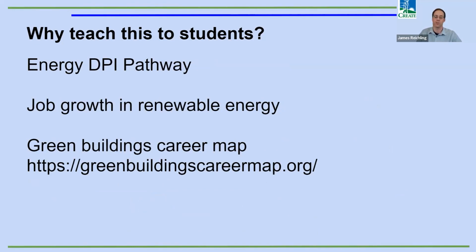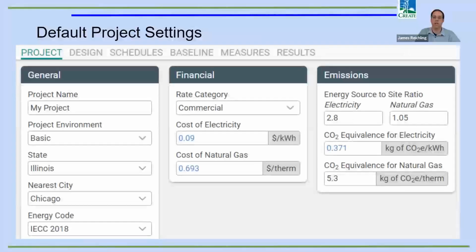If you were to open Sketchbox, here is the first screen that you would see. And so this is called the Project tab. I'm going to move with my mouse here just to highlight that Project tab right there. And so this has basically general information about the building, its location, the energy code that we're using.